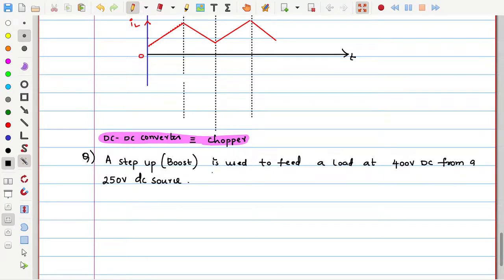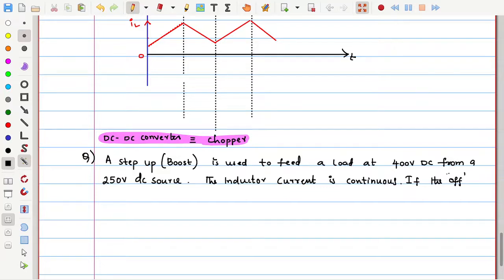The inductor current is continuous. This is the assumption.